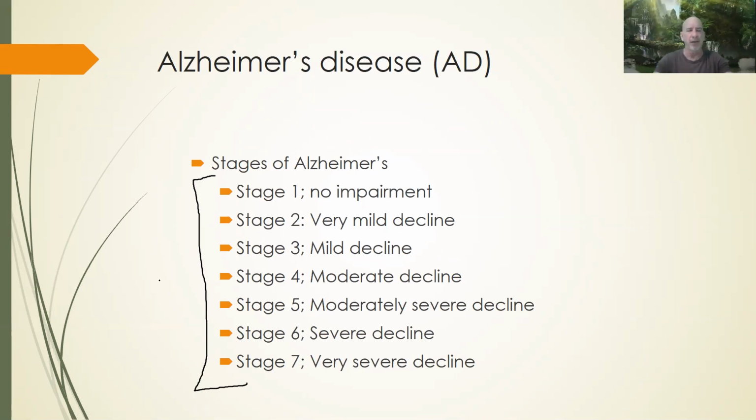Now, I'm sure the doctors have a chart that says, okay, they've lost their short-term memory, they still have the long-term memory, their cognitive abilities are still good. Okay, they're in stage 1. Okay, the person doesn't know where they are. They get lost easily. They wander. You always hear about Alzheimer's patients wandering. Maybe they're in like stage 5.